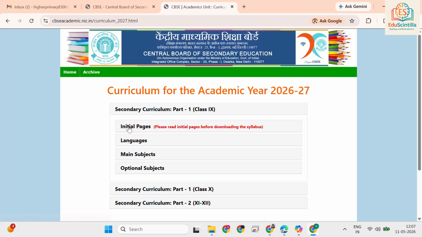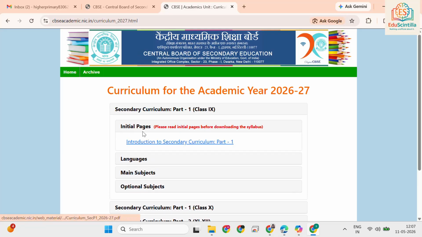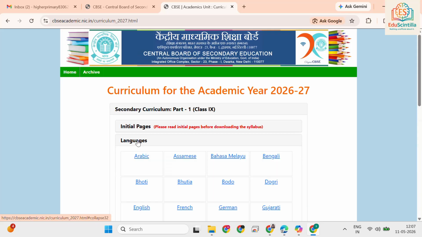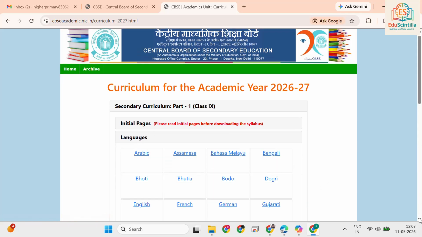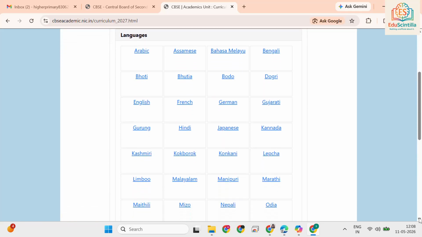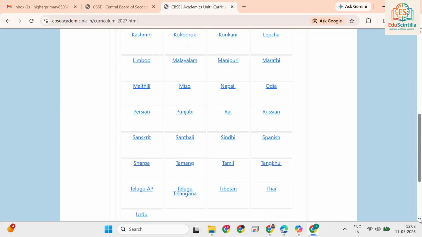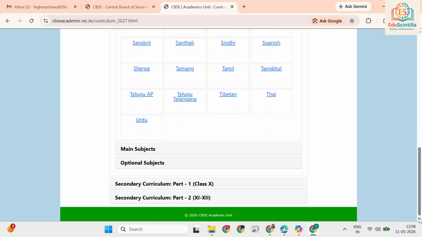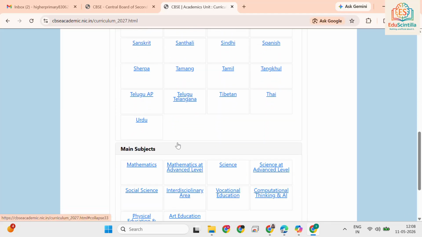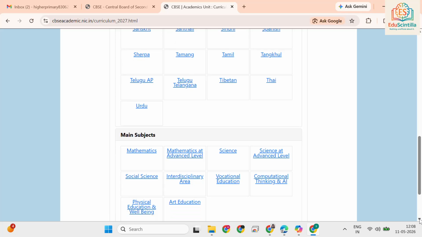So if you want to know the details of pattern of exam assessment, you can click on initial pages. If you want a language related syllabus, you can click on languages and click on the subject you want. So here you can see all the subject curriculum has been given.